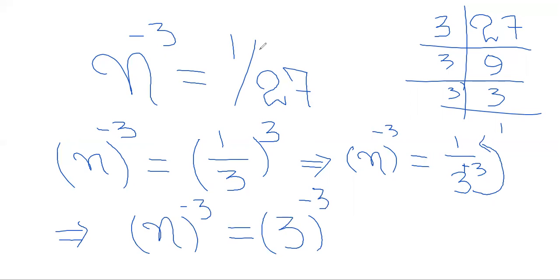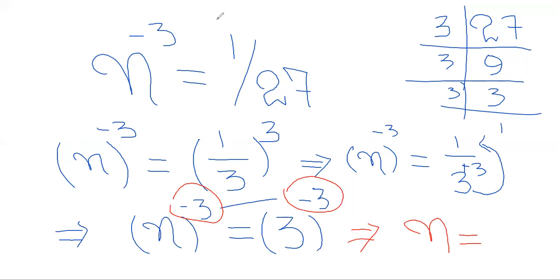When the exponents are same, then the bases are also same. So n is equal to 3. This is the right answer. Yeah, that seems right to me.